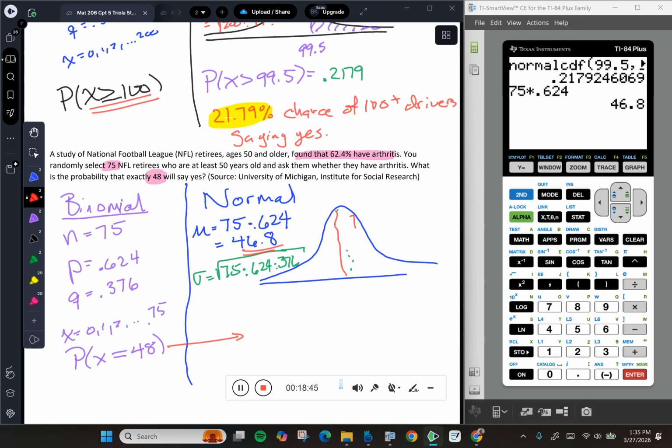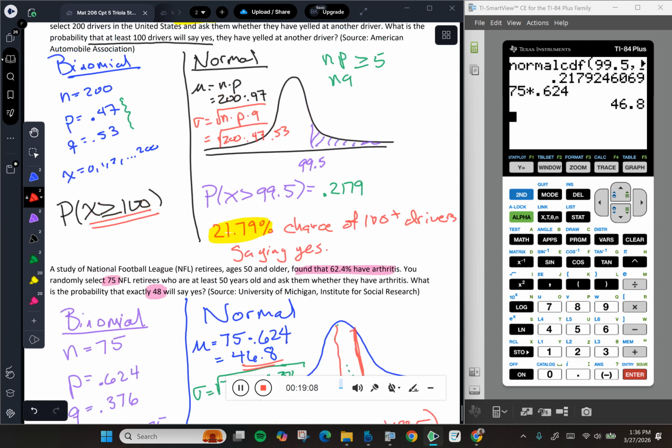So 48's over here somewhere, but I have to turn it into an interval. So how do I turn a single number into an interval? Well, I'm going to make that then be 47.5 to 48.5.